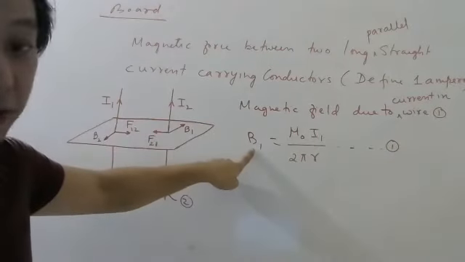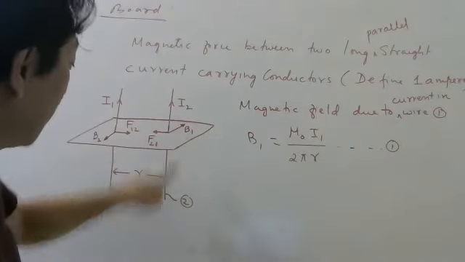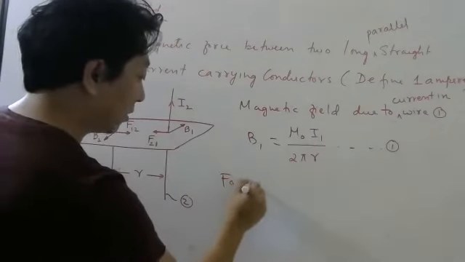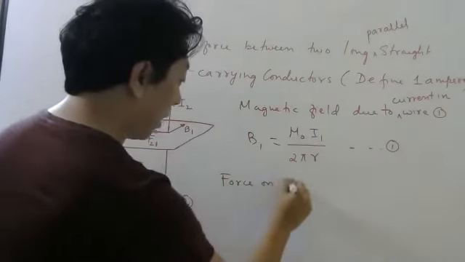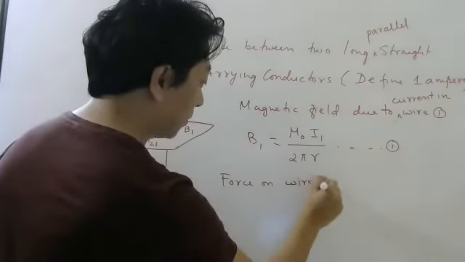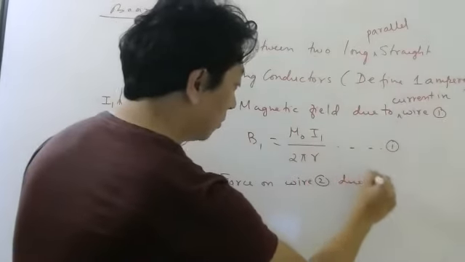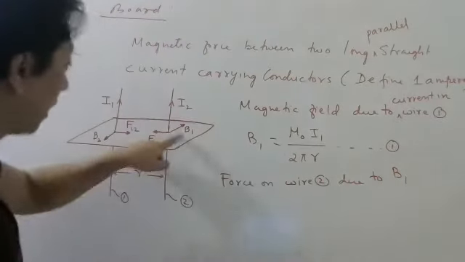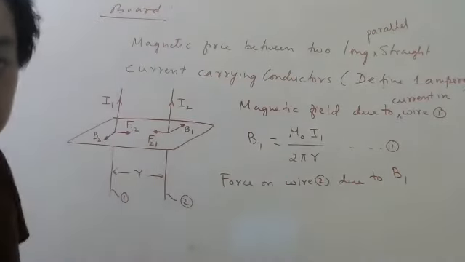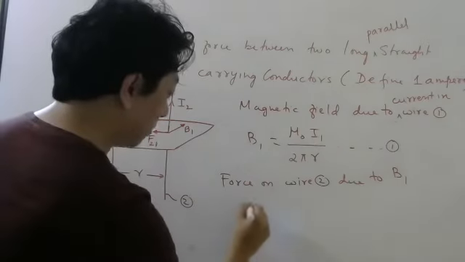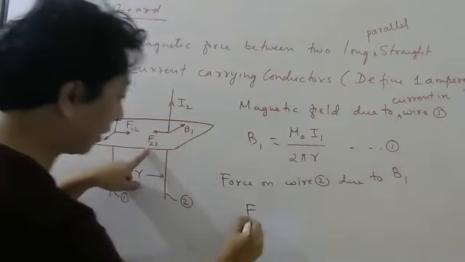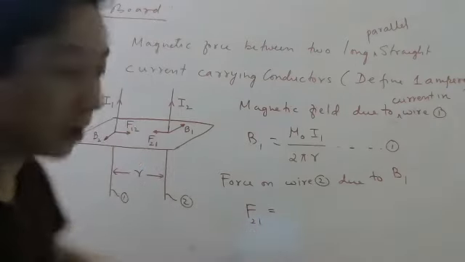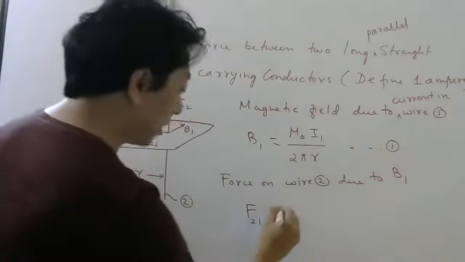This magnetic field is acting on which wire? Second wire. Okay. So force on wire 2 due to this magnetic field. Because B1 will act on wire 2, remember. So that force will be, I have given what symbol? F21. Force on wire 2 by wire 1. That will be, what is the formula?